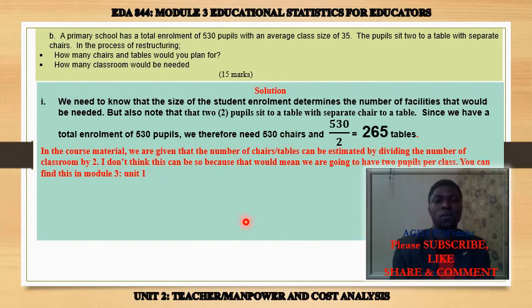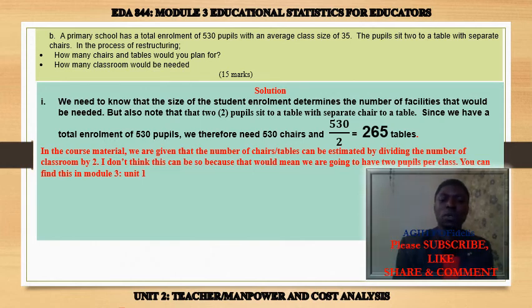These are the facts we need to make our plan. Since we are given that the pupils will use separate chairs, it means that we are going to plan for 530 chairs. So 530 chairs will be needed.